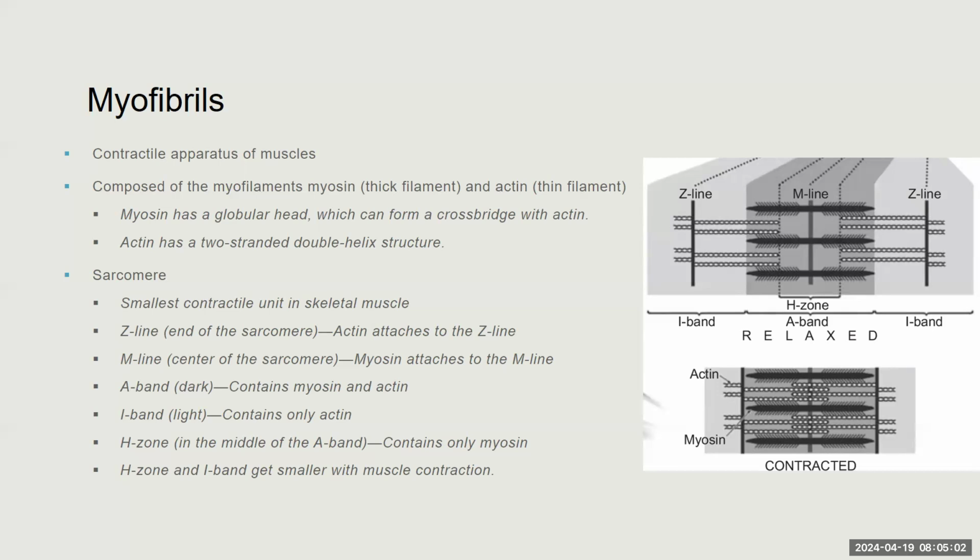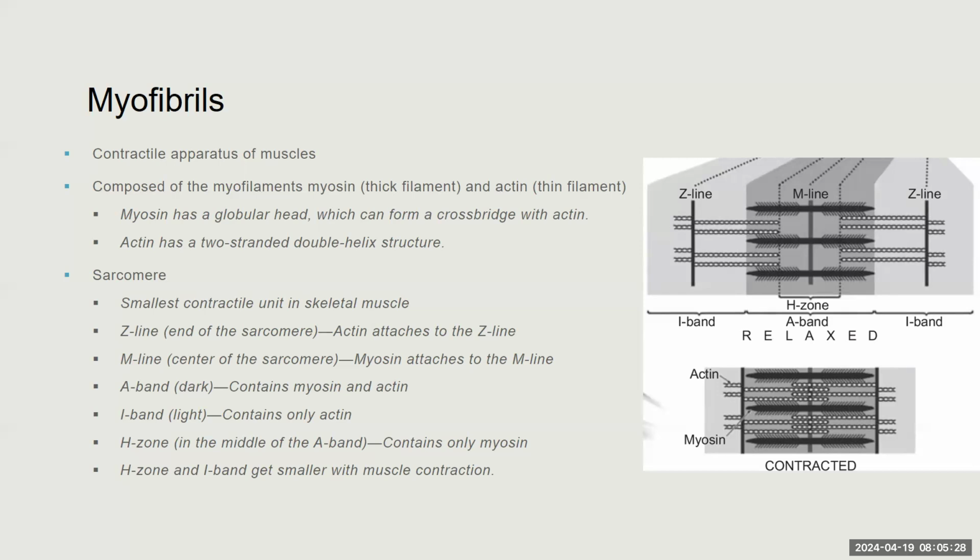The sarcomere is the smallest contractile unit in skeletal muscle. I know they love talking about all these different lines of the sarcomere. The Z line is the end line of the sarcomere, where actin attaches. The M line, which I think of as the middle line, is the center of the sarcomere, where myosin attaches.